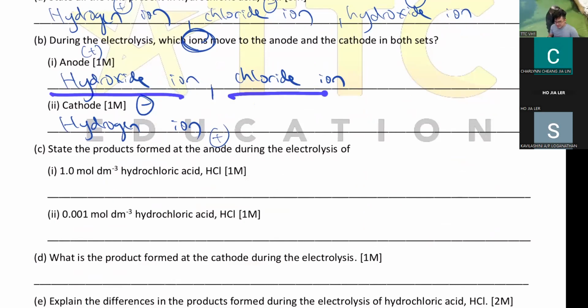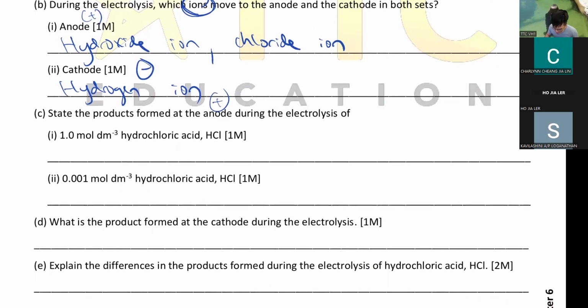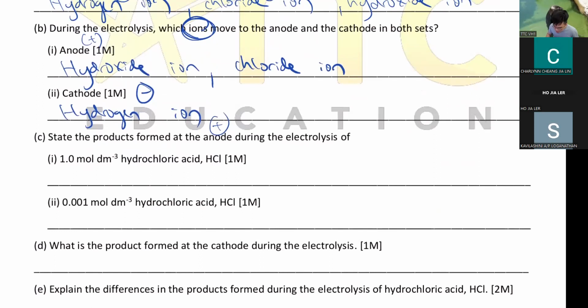Which one is chosen? Yes, chloride. They want the product, so we don't write chloride ion, we write chlorine gas. If they ask for the ion, then we say chloride ion. But they are asking for the product, then we say chlorine gas.